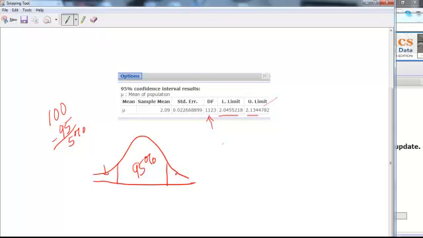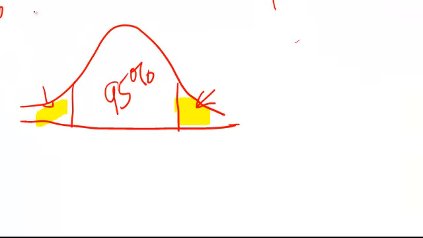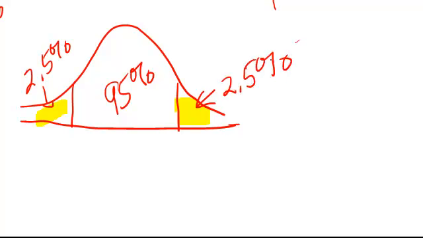So 5% covers both of the tails. One tail would be 2.5%, and so would the other, because we're just dividing 5% in half.